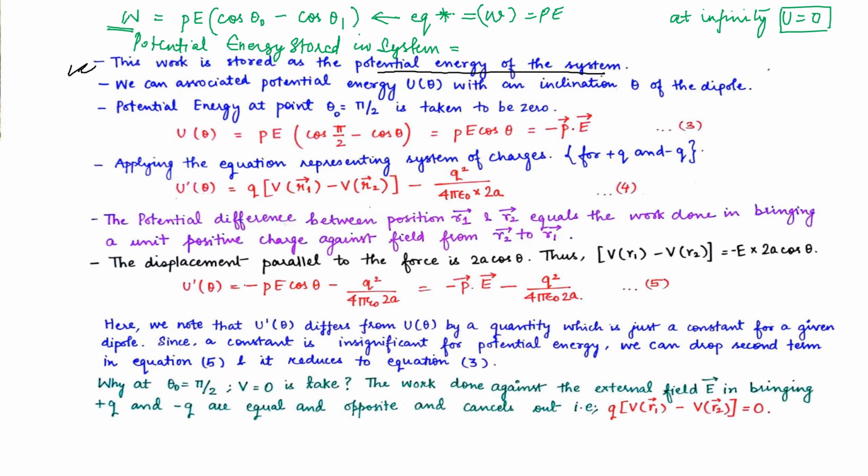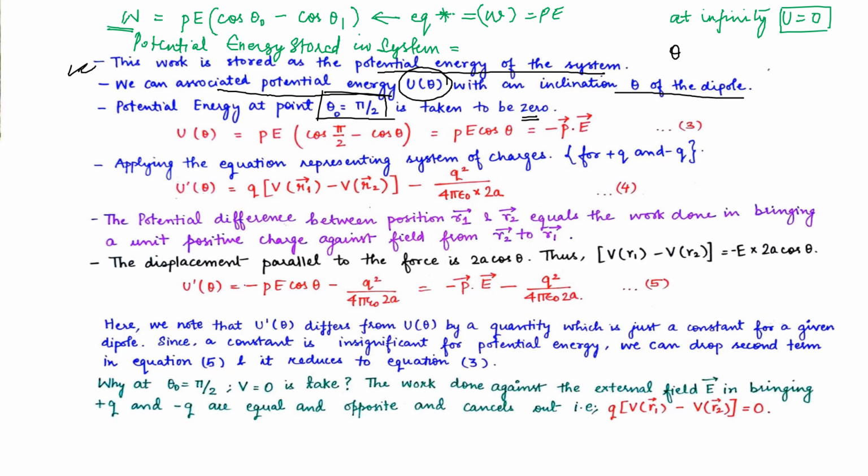We know that we can associate potential energy U theta with an inclination theta of the dipole. Potential energy at the point theta naught equals pi by 2 is taken to be 0.